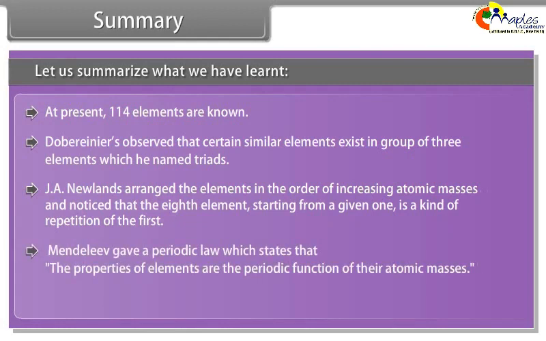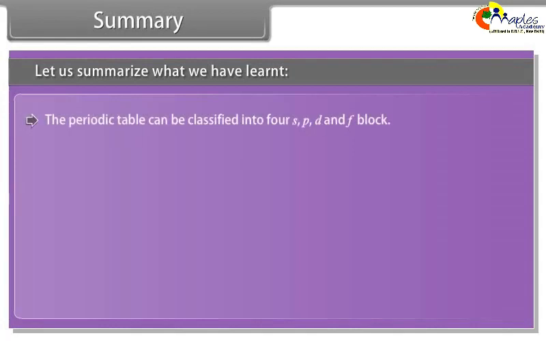Mendeleev gave a periodic law which states that the properties of elements are a periodic function of their atomic masses. The present form of the periodic table is the long form. The periodic table can be classified into 4 blocks, that is s, p, d and f block.